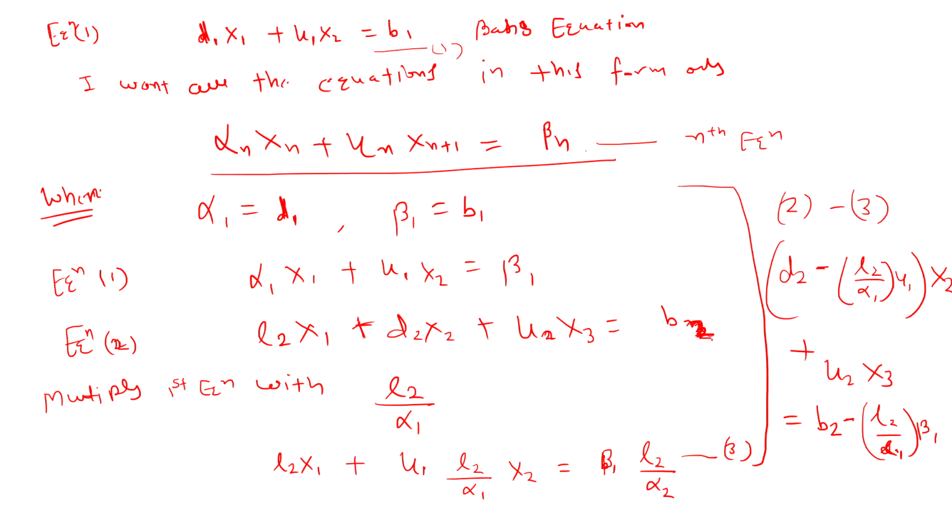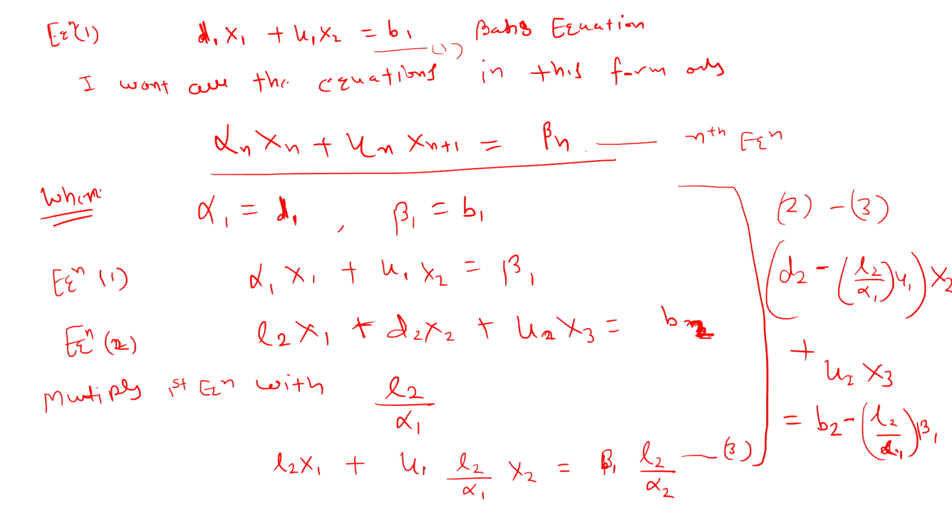So what I have done here is that I have multiplied equation number 1, which is in the form of alpha and beta, with L2 upon alpha 1 to eliminate the element which contains L2, and to do that I have subtracted equation number 3, which comes out when we multiply equation number 1 with L2 upon alpha 1. I have subtracted this equation from equation number 2 and I have got this equation.